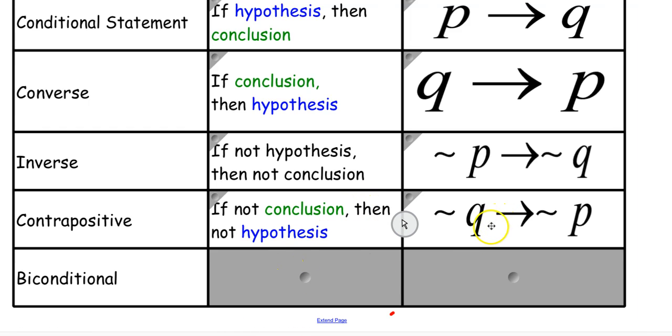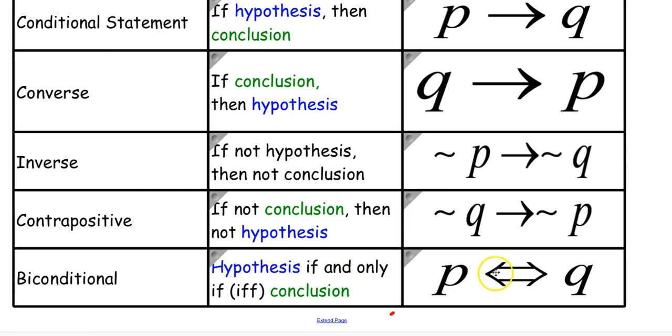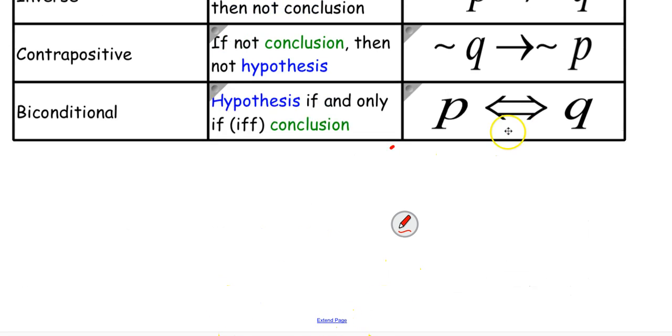And so in our symbolic notation, that's going to be not Q, arrow, not P. And then the last one is our if and only if, and we're going to write it with that double arrow. Which again, remember, if you don't like to write the arrow like this, you really are just writing a plain old arrow, but with two sides, and then Q.